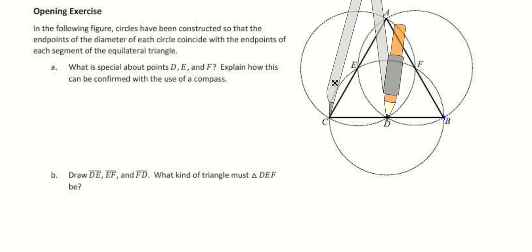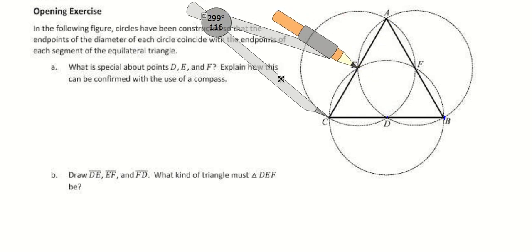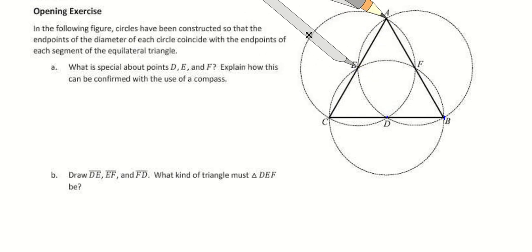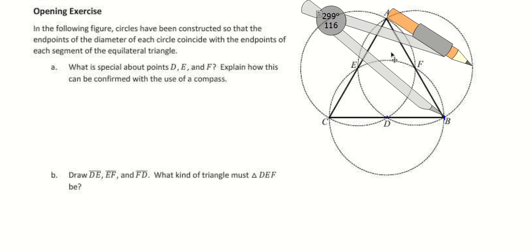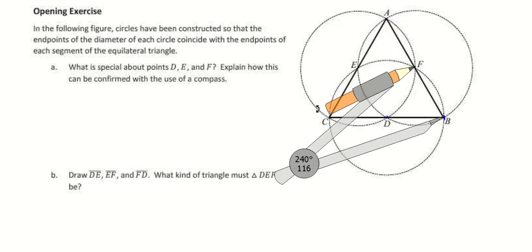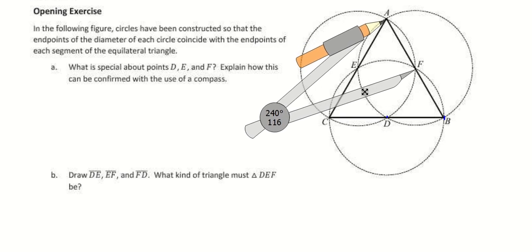Which is kind of neat. And the same thing happens here. DE is actually the same length as AE, and BF is the same length as AF.